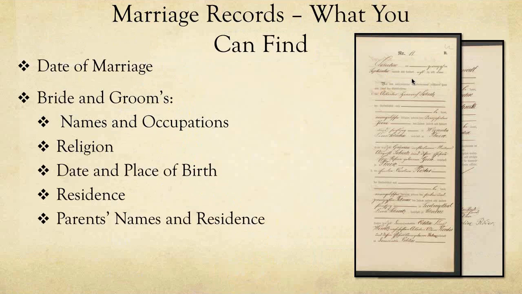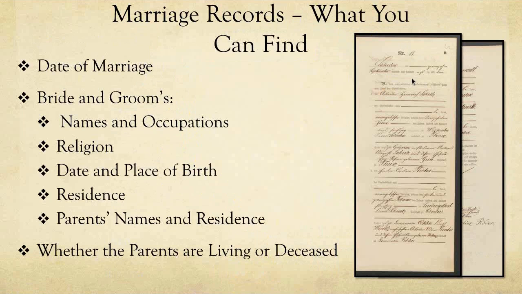So again, allowing you to go back another generation. And then it will often list whether the parents were still alive or whether they were deceased. So this could give you clues as to the parents' life details. And then finally, you'll get information on the witnesses as well.